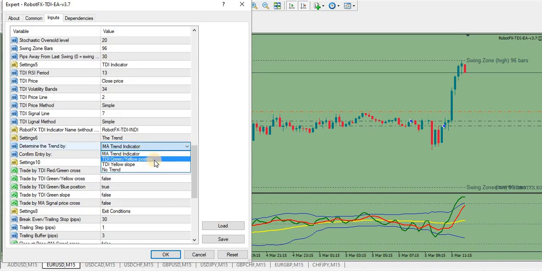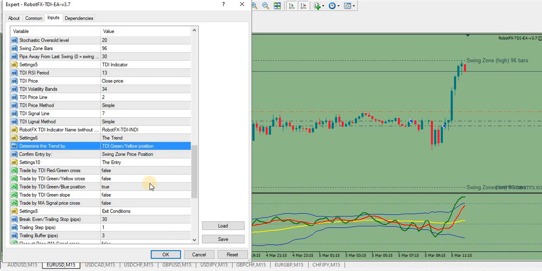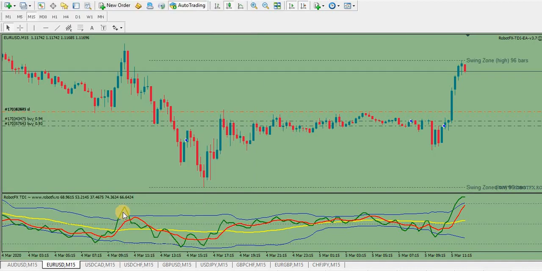Or the expert advisor can determine the trend using the TDI green-yellow position. That would be one of the main usages of the TDI indicator itself. So when the green moving average is above the TDI's yellow trend line, then the expert advisor will be allowed to buy.